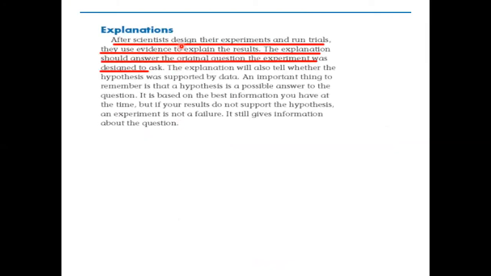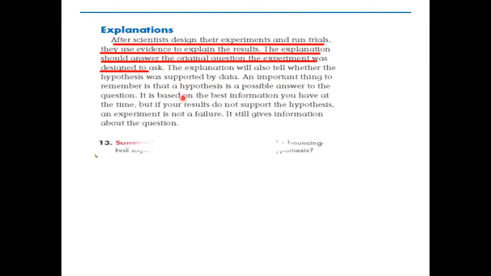So, after scientists design their experiments and run trials, they use evidence to explain the results. The explanation should answer the original question the experiment was designed to ask. And the explanation will also tell whether the hypothesis was supported by data. An important thing to remember is that a hypothesis is a possible answer to a question.